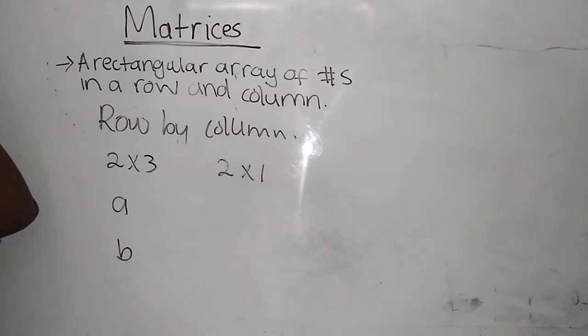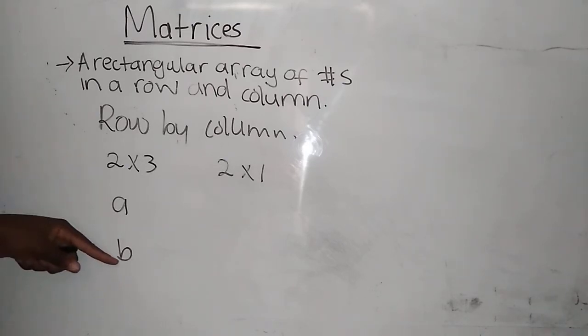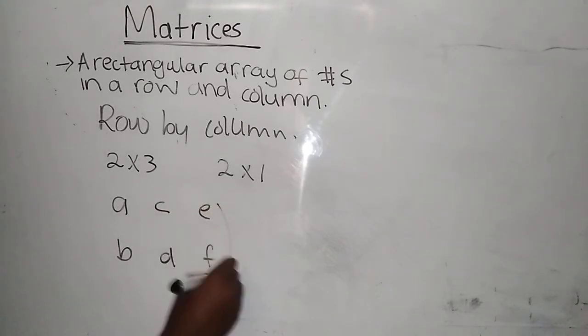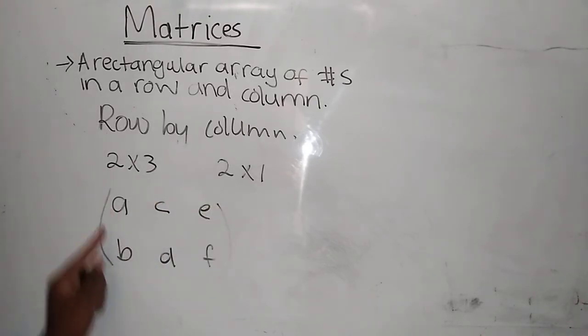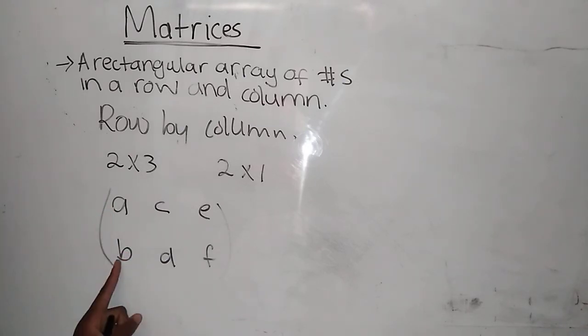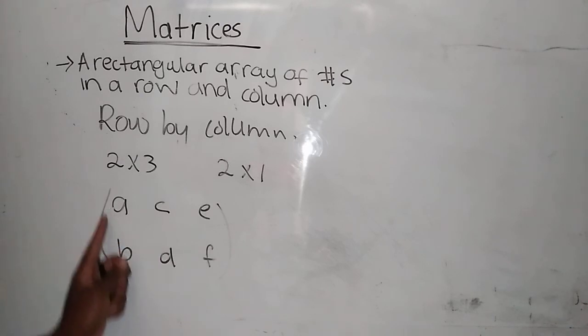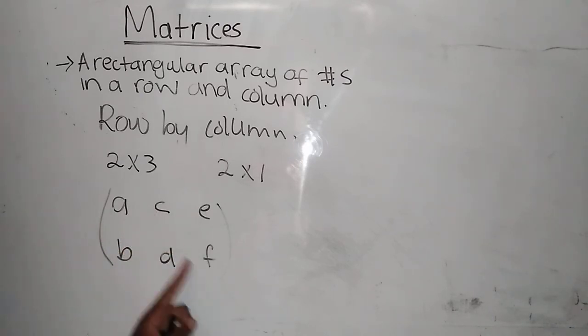But then it's by 3 columns. So it's A, B, C, D, E, F. My A, B was to set the pace to say it's supposed to be 2 rows. But how many columns? 3 columns. So A, B, C, D, E, F. This is my 2 by 3 matrix.